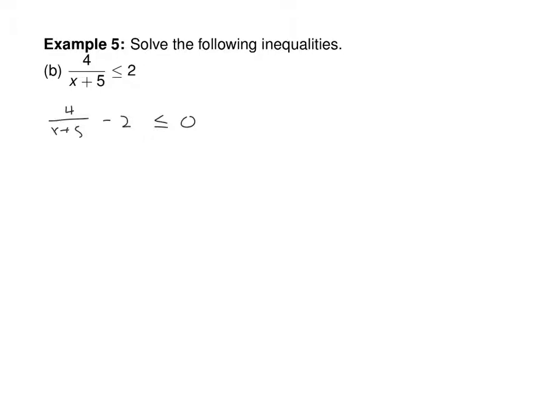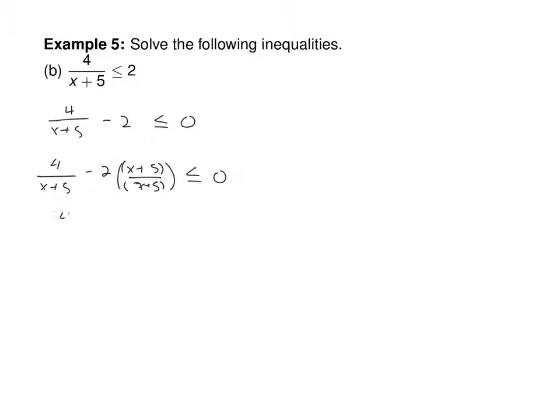Now what? You need to have it be one rational expression. So what could you do to make those be written as one fraction? Common denominator. x plus 5 over x plus 5. Does that make sense?